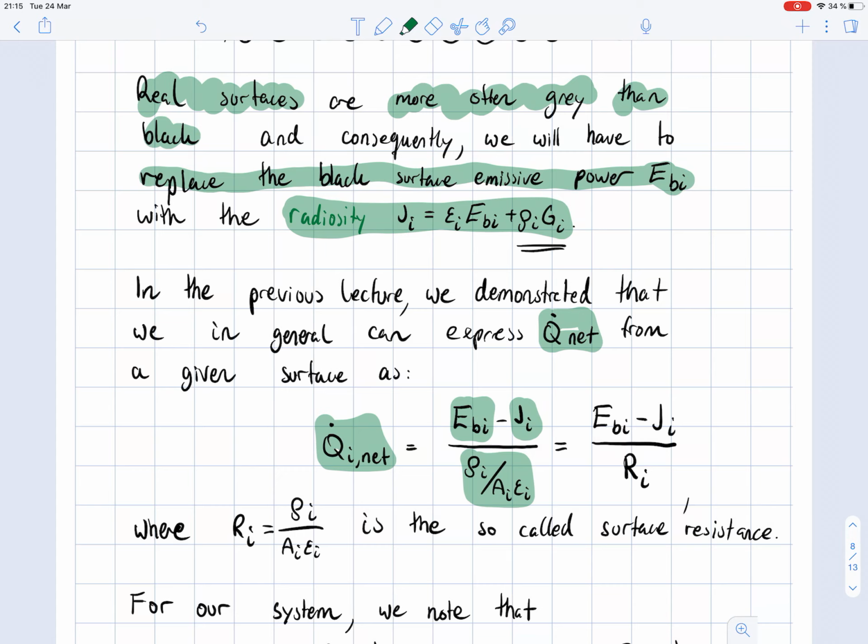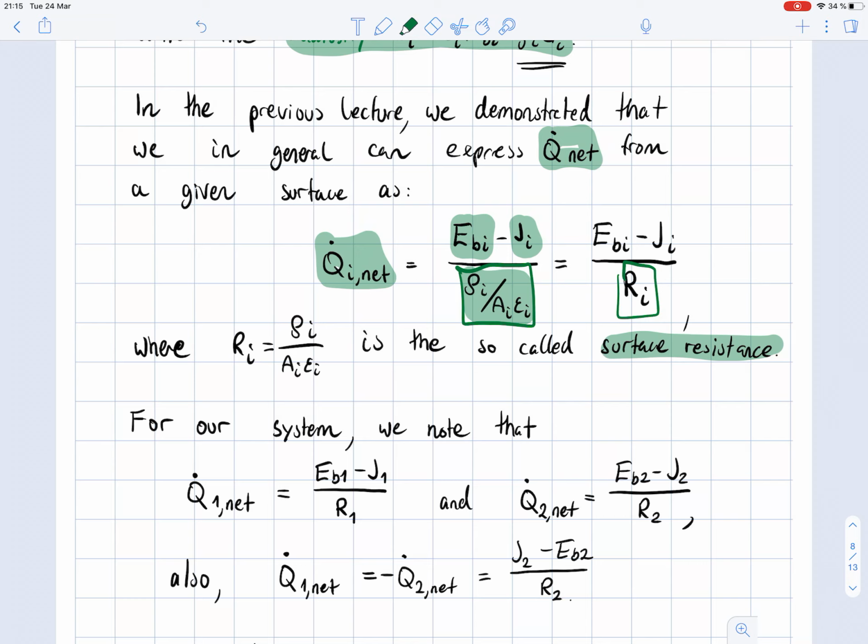And we wrote this term as Ri, which is the so-called surface resistance. So go back to the previous lecture if you missed that important point. It's right after we have reintroduced the same figure as we introduced in the first lecture.